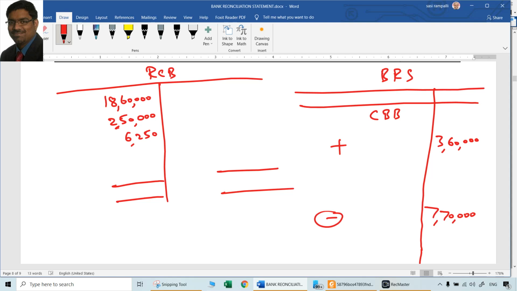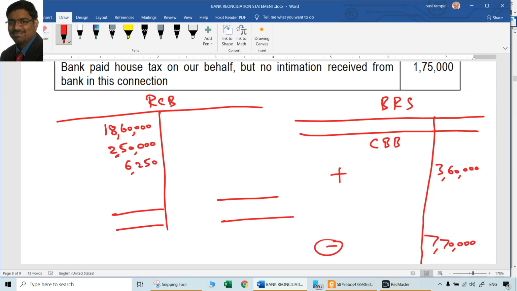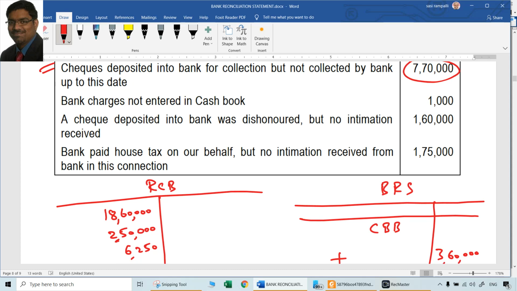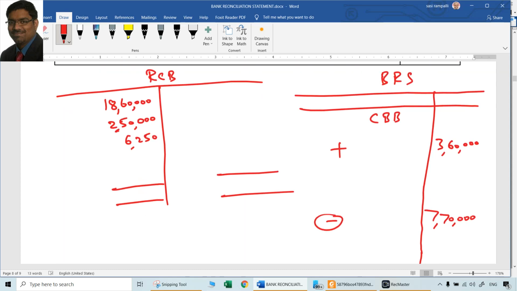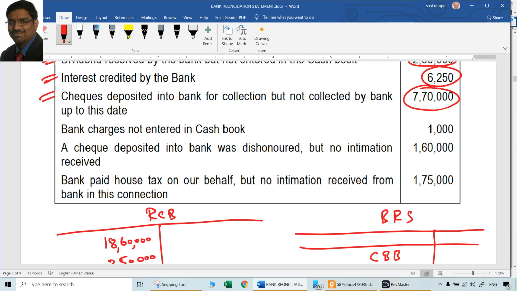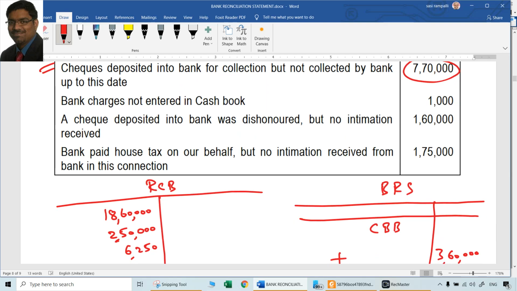That would have been debited already. Because of that, the balance as per cash book would have been already higher. But the same thing is not yet hitting the bank, because the bank has not yet collected them. There is a difference. That is why there is BRS. So this 7,70,000, cash book shows a higher balance. Already it is showing a higher balance. That is why we are reducing it.